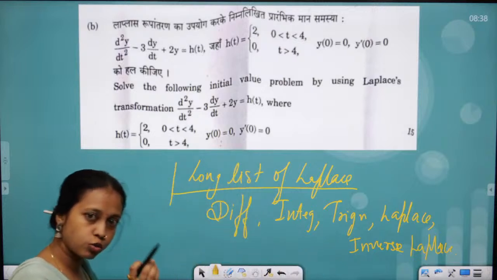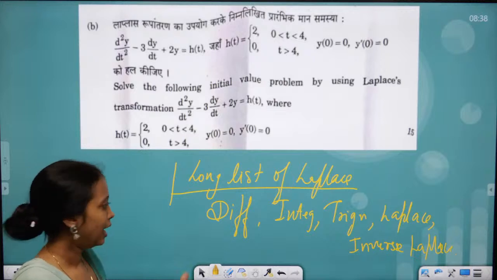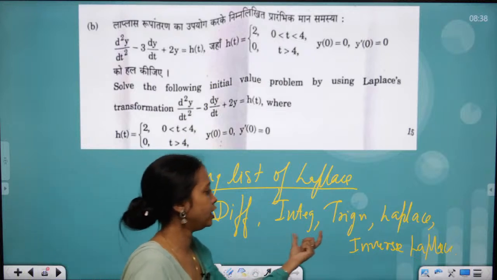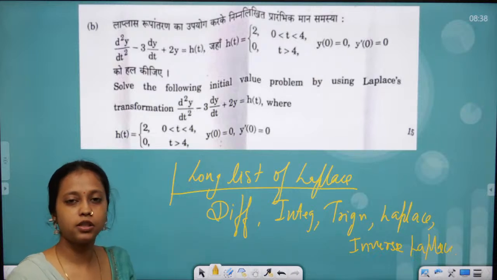Make these small note-like pages, staple them separately, separate for differentiation, integration, trigonometry, Laplace and inverse Laplace.